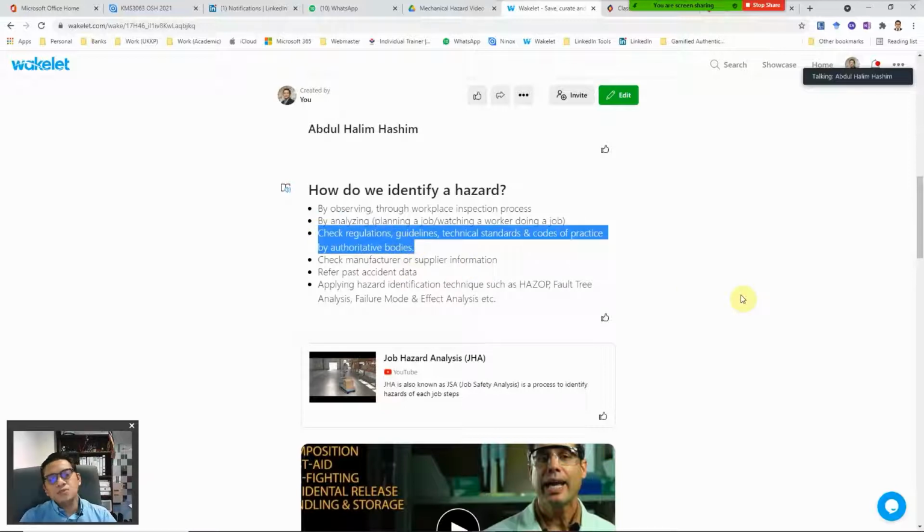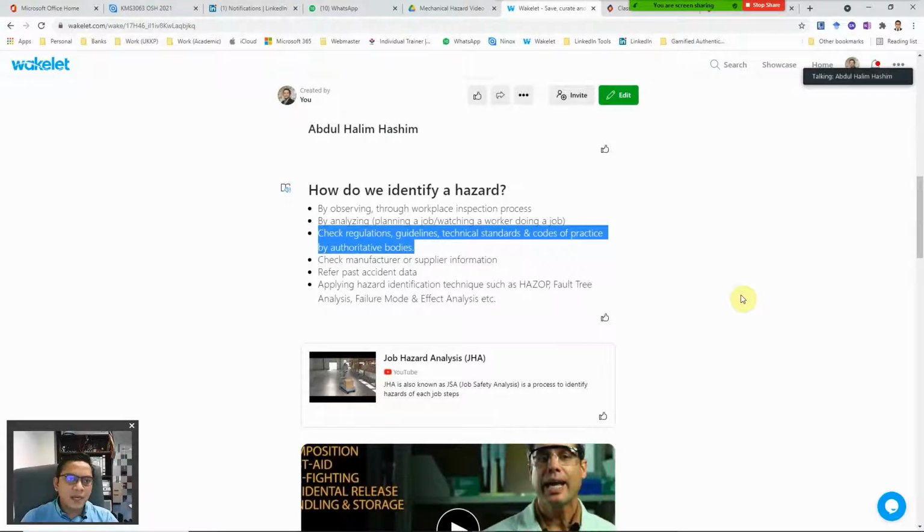Another way is to check the literature. So there are common jobs or occupation or process that is well known, already been researched by a lot of people from different industry, and they write about it in a document.